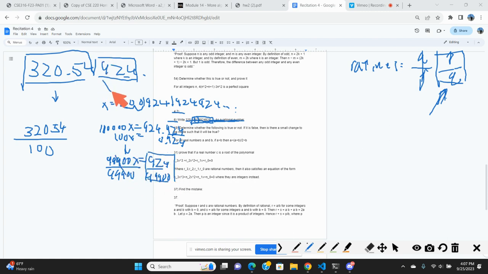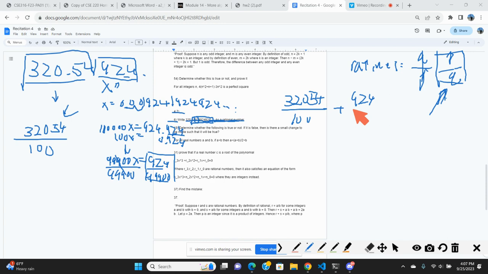So now we have this to be x, and we have this to be this. Now all we have to do is add 32,054 over 100 plus 924 over 99,900.